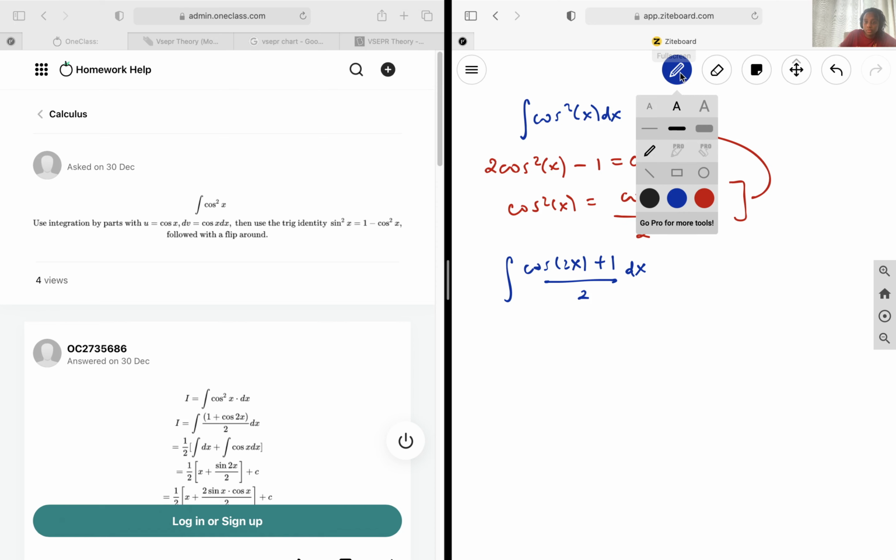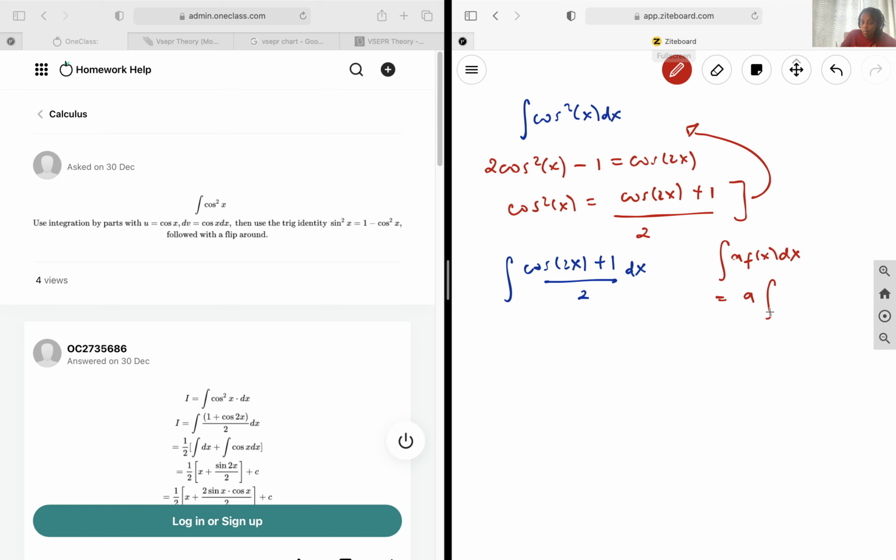So we're going to use the integral rule of the integral of a f of x dx, where a is a constant, is just a multiplied by the integral of f of x dx. So in this scenario, our constant is 1 over 2, so let's just go ahead and pull that out. And we'll get 1 over 2 multiplied by the integral of cos 2x plus 1, all over dx.